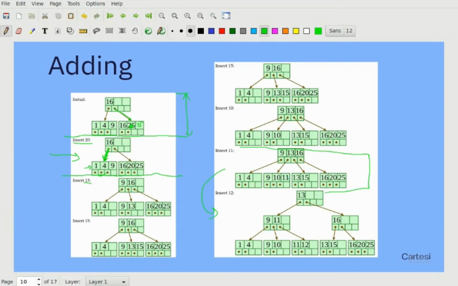The 12 should be in this node, but it doesn't fit, so this node splits into 2. Now I'm inserting this guy into the parent here, but this parent is full, so it splits into 2. And now I create a new root to host the 2 subtrees. But everything is always logarithmic in the number of elements I have. So this is fine.